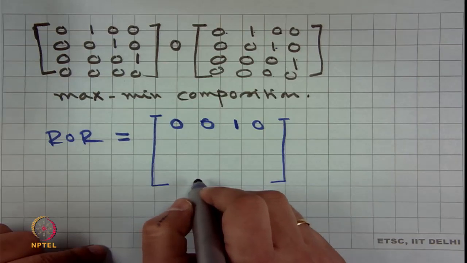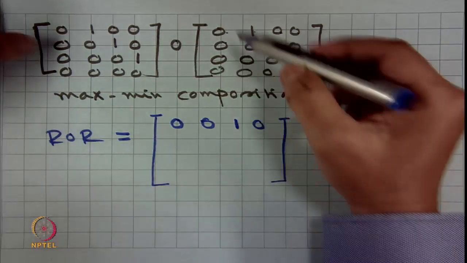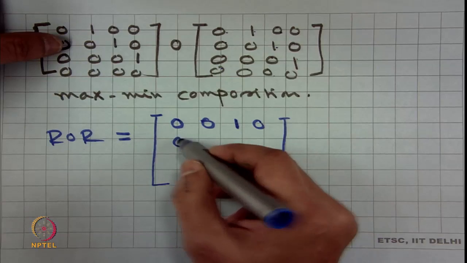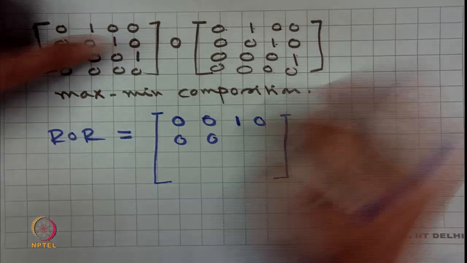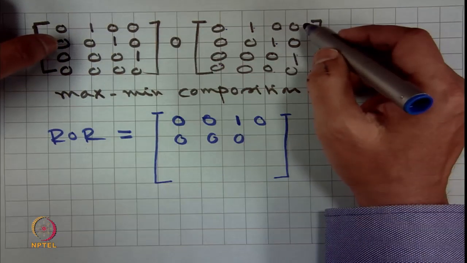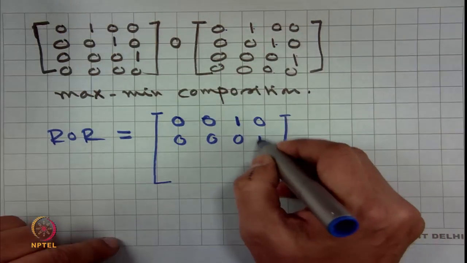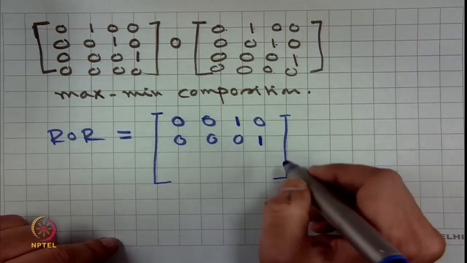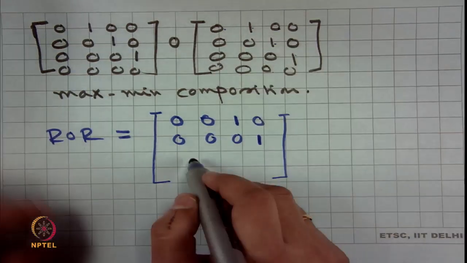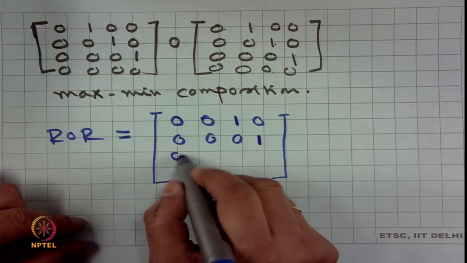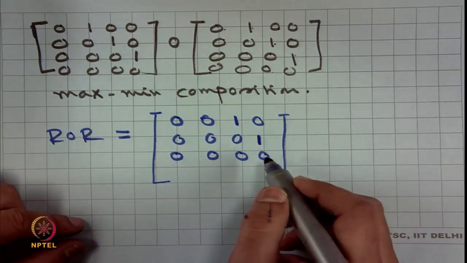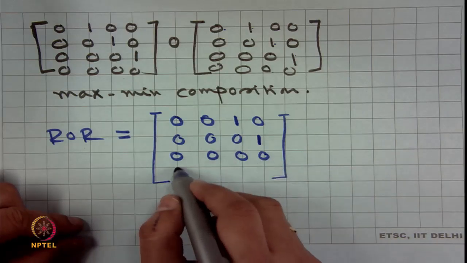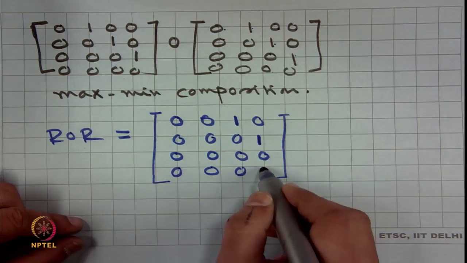In this way, if we calculate the second row, we get 0, 0, 0 and 1. Check that these 4 are going to be 0 and these 4 are also going to be 0.